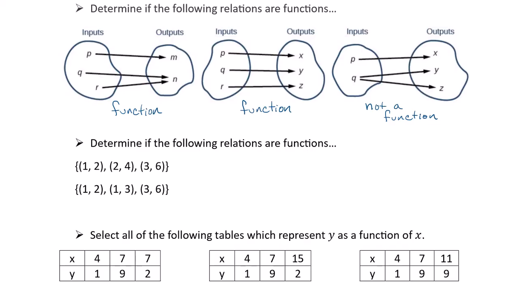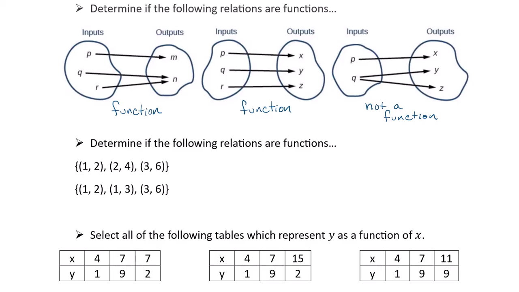Now, if you put the money in and press the root beer button and a root beer comes out, and your friend puts the money in, presses the root beer button, and a lemon lime soda comes out, we'd say that machine is not working right. It is not functioning properly. It is not a function. You cannot have the same input of pressing the root beer button and get the root beer out or get the lemon lime soda out.